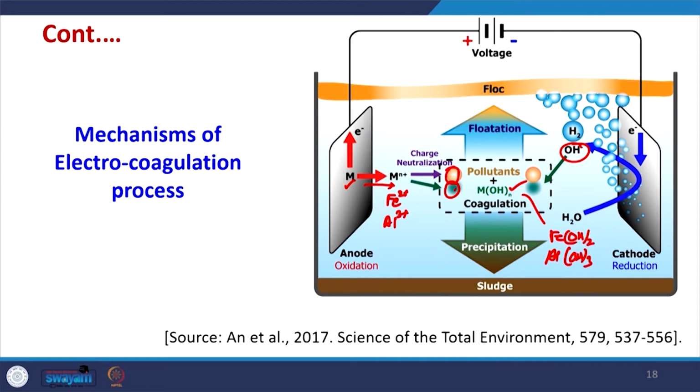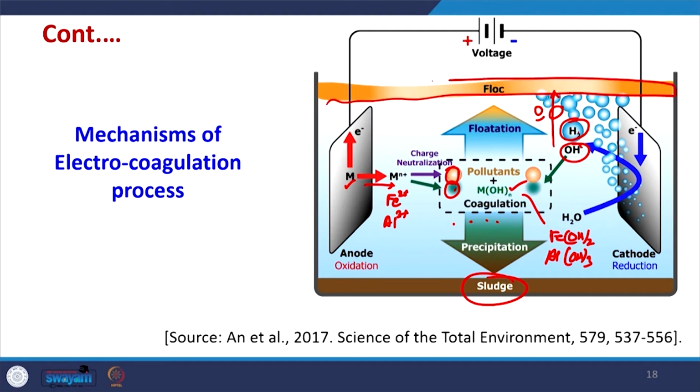This way they may settle down, and any pollutants in between will also precipitate, so we have sludge getting formed. Also, gases are getting generated, H2 and similarly O2. Any organic compounds present will go to the top, so we have froth or flock formation here, as you can see. So both precipitation and flotation are possible in the electrocoagulation process.